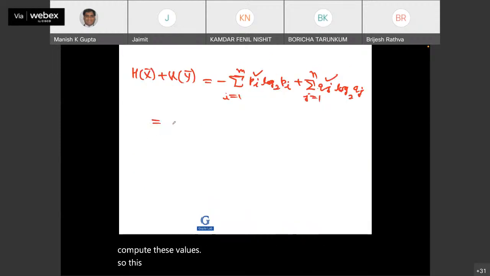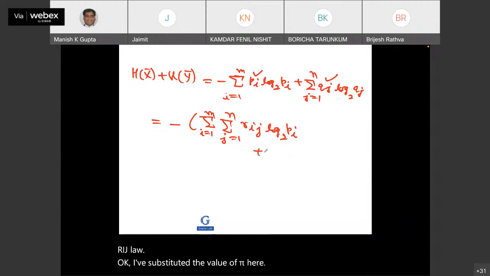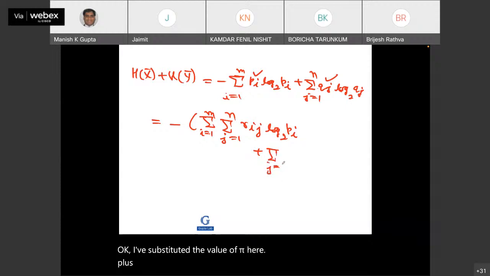This is nothing but minus the summation i equals 1 to m, summation j equals 1 to n of rij log base 2 of pi, plus the summation j equals 1 to n, summation i equals 1 to m of rij log base 2 of qj.